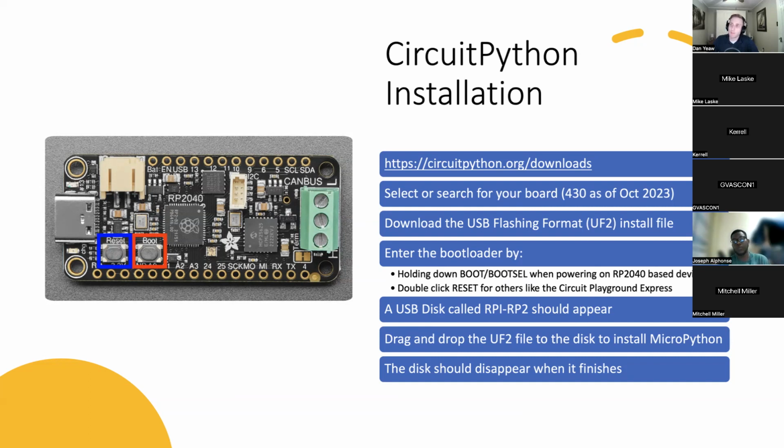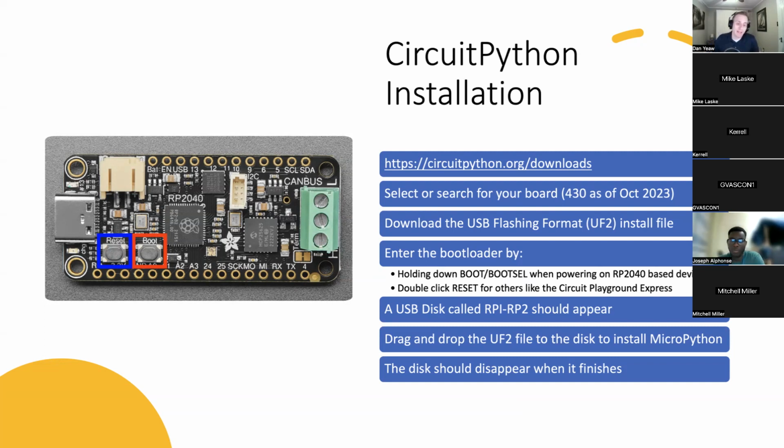To get into the bootloader to program it, for this board, we're going to have to hold down boot and then hit reset. After we hit reset and release it, you release boot, and that will get you there. Other boards, like this CircuitPython Express, you have to hit reset twice to get into the bootloader.